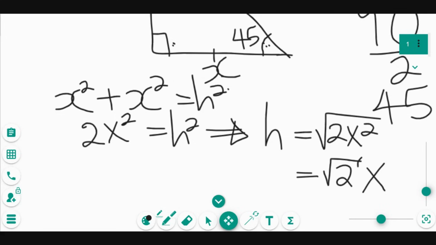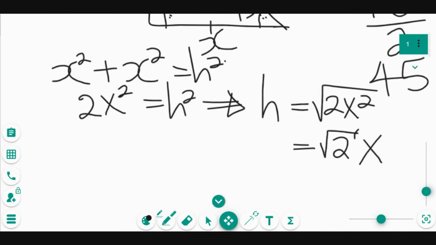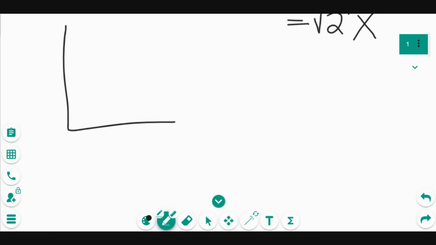Okay. So I'm going to replace that here, but I'm going to redraw everything. So we have our right angle triangle with two sides equal. This length was x. This length is also x.